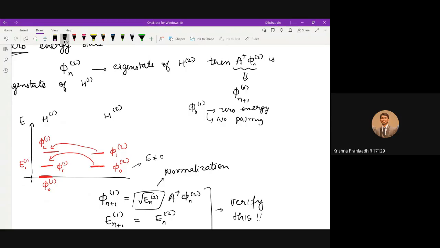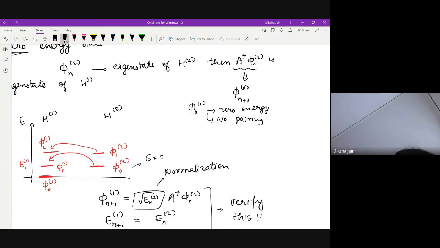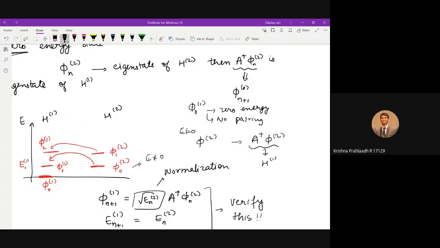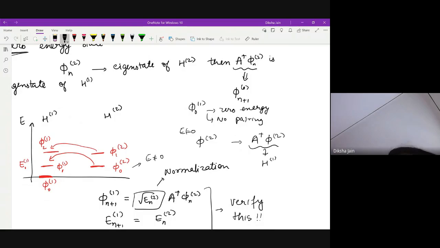So this lowest energy state should be paired to something, because what I showed is that if the energy is non-zero, given a state of 2, you can apply A dagger on this state, and this state will be an eigenstate of 1. Since it cannot be the zeroth eigenstate because it has non-zero energy, it should be related to the first excited state of 1.